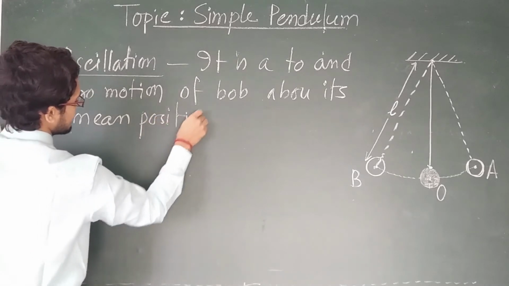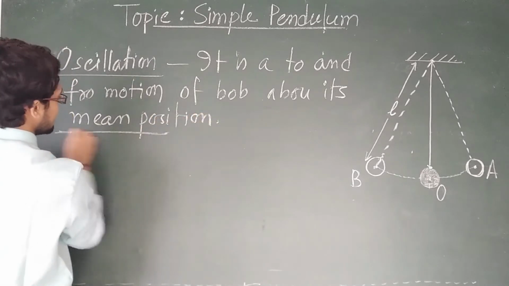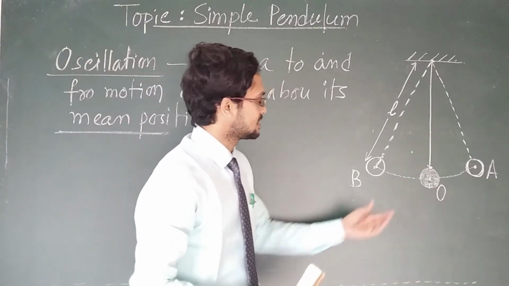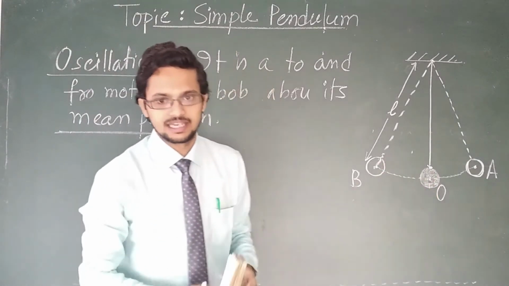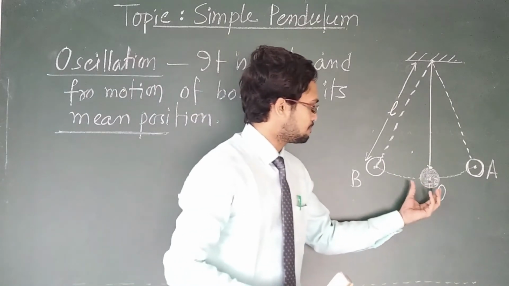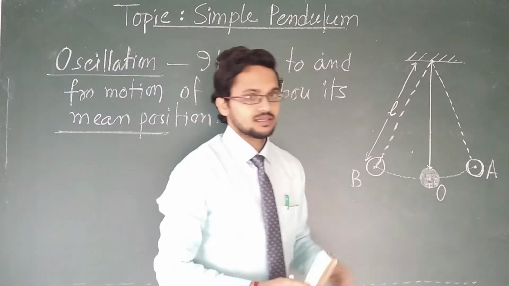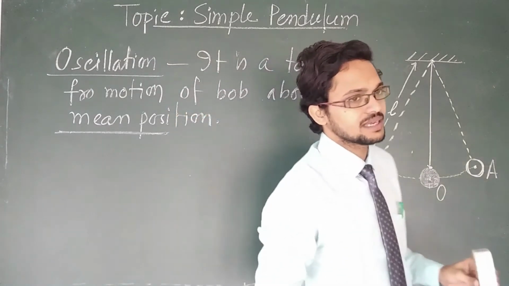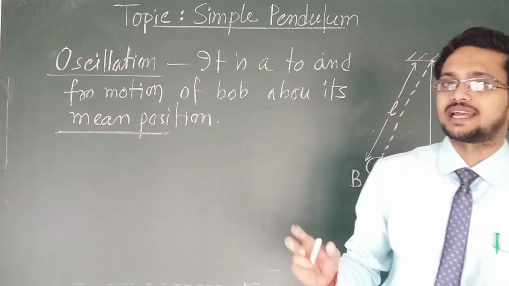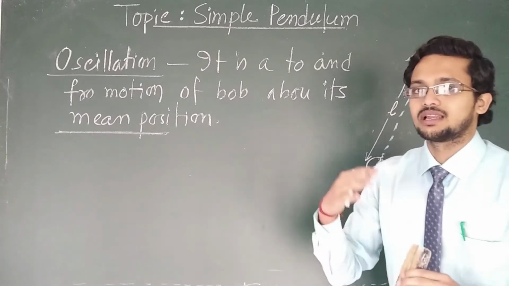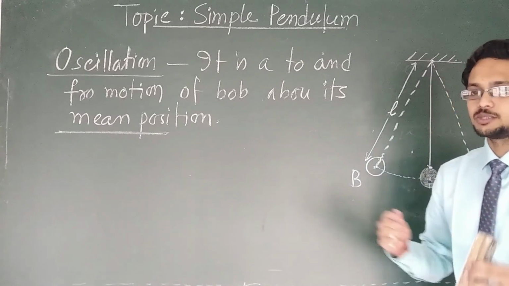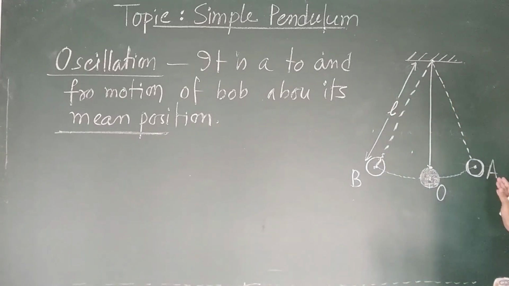There is a new term, mean position. What does this mean? Mean position means initially when the bob is not oscillating, then at a point on its path the bob will be at rest. Bob at rest means the total force acting on the bob is 0.